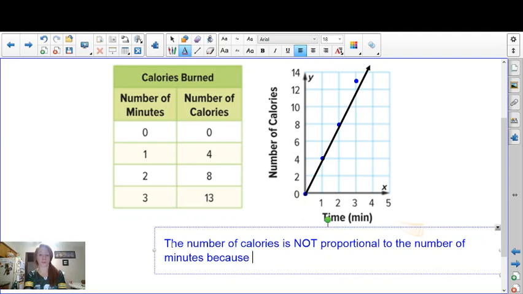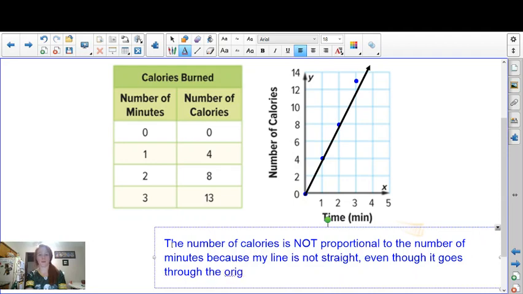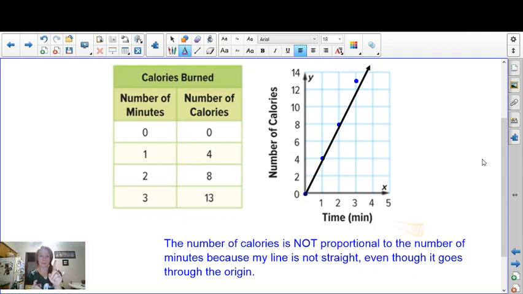So it's not proportional because my line is not straight, even though it goes through the origin. It has to hit both of those two key ideas. It has to be straight and it has to go through the origin.